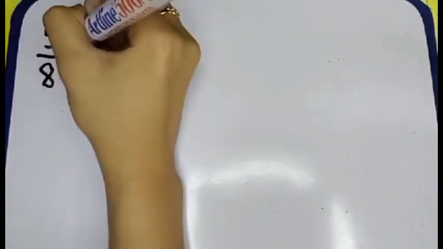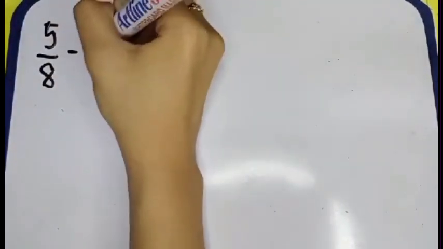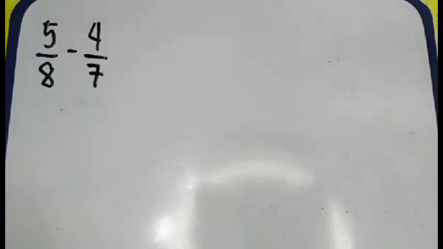Last example is 5 over 8 minus 4 over 7. Dissimilar fraction. So let's find first the LCM of our denominator 8 and 7, and that is 56. So now our denominator is 56.